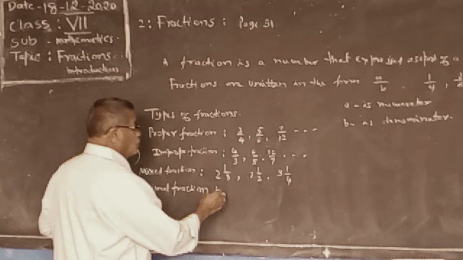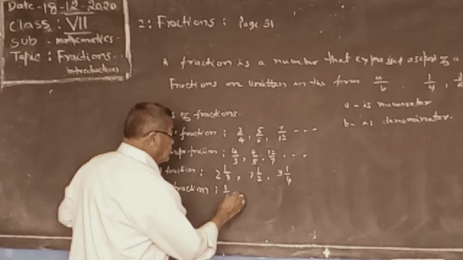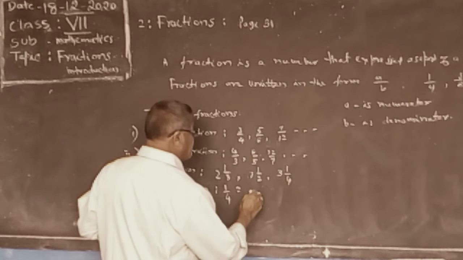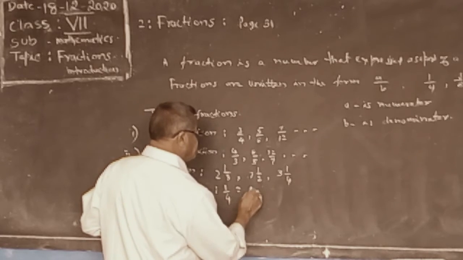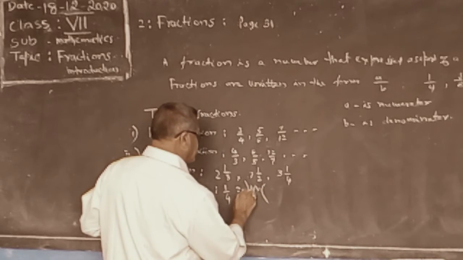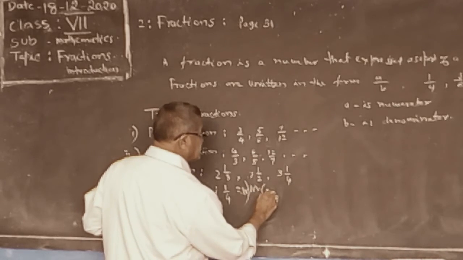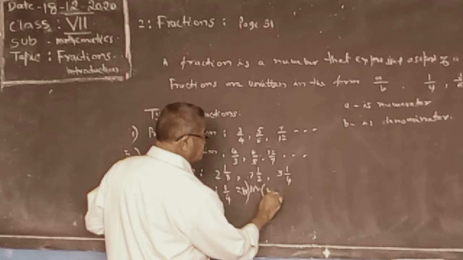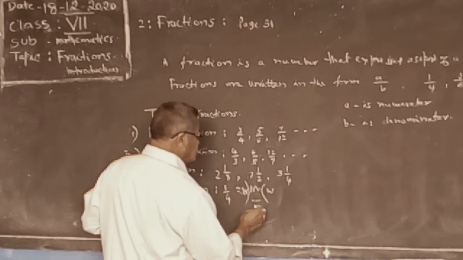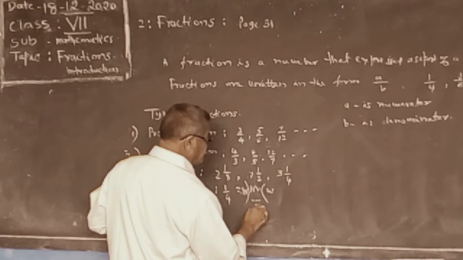Suppose 1 by 4. 1 is divided by 4. The numerator is divided by the denominator. Then we get a whole number, then we get some remainder or 0.